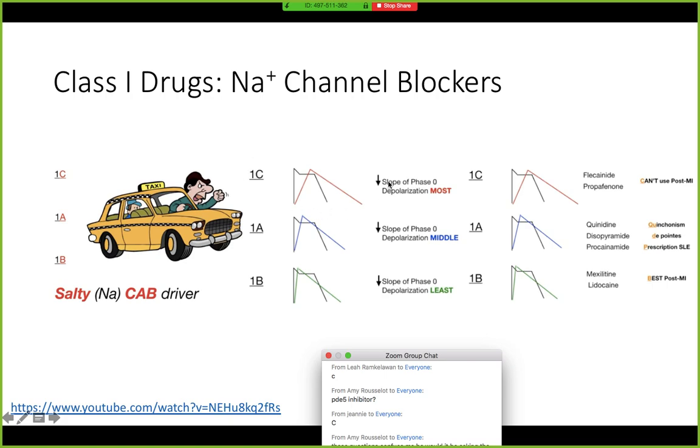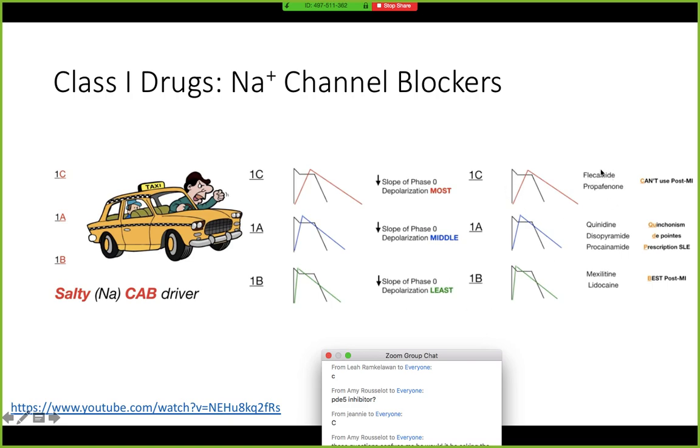Class 1C decreases the slope of phase 0 depolarization the most, 1A is somewhere in the middle, and 1B decreases the slope of phase 0 the least.